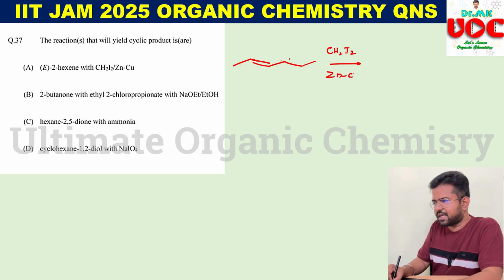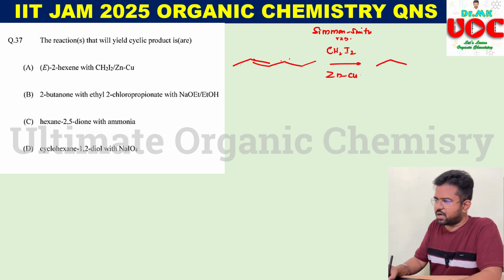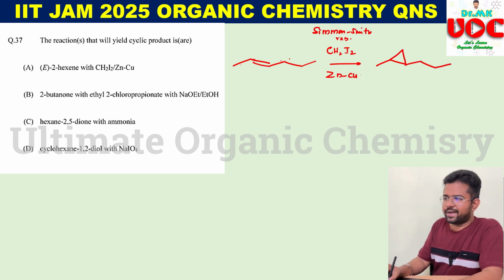So this is an example of Simmons-Smith reaction. This reaction involves cyclopropanation of alkene. So you are going to get a cyclic compound. So this will give a cyclic product.